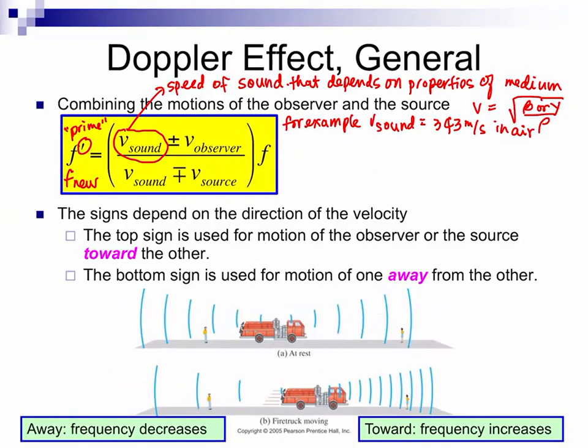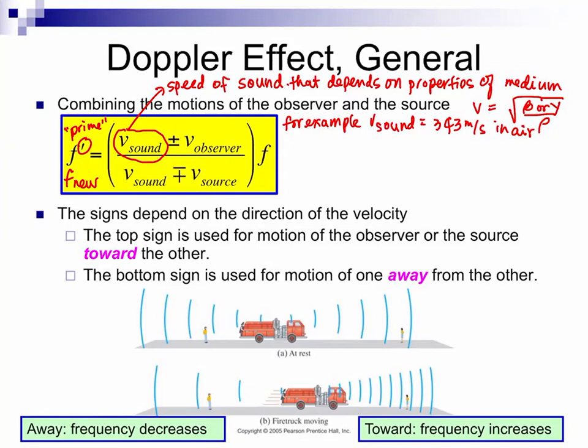This V observer is the speed of the observer or the person or the detector that's receiving the sound. This is the V source, that's the speed of the source of sound. So here you have this plus minus on top and this minus plus at the bottom. You just choose either of these symbols.